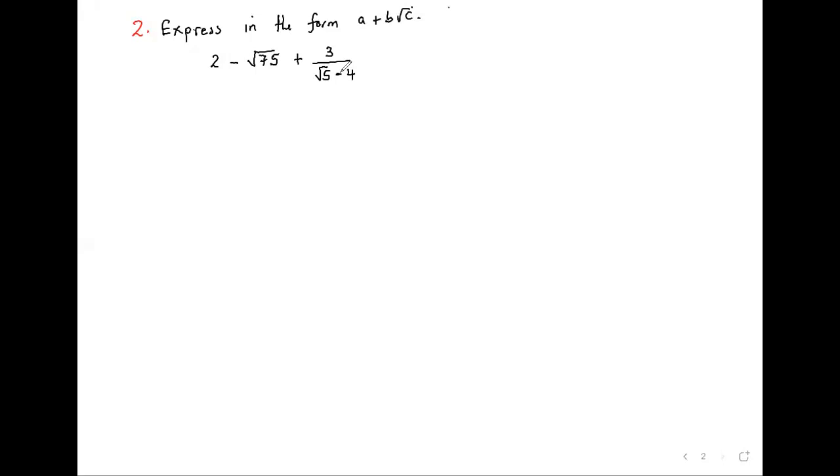So first, we work out this. That is 75. But 75 can be written as 25 times what? Times 3. But if I say 25 times 3, we can again separate it to be root 25 times root 3.